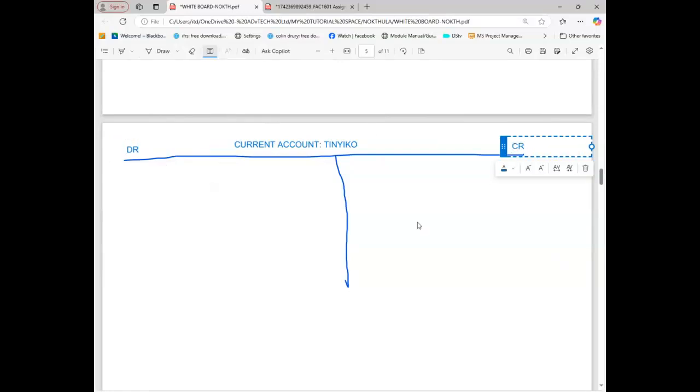So this is the current account. Firstly, you must know that the current account is an owner's equity. It increases on the credit, and it decreases on the debit. Are we still together? Yes. That's the first thing that we must know.